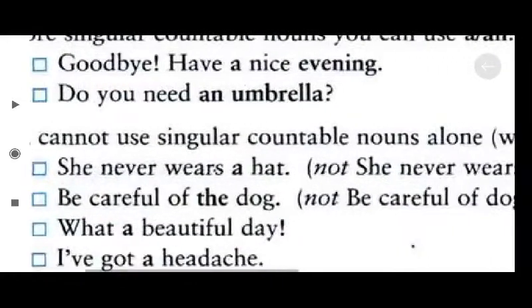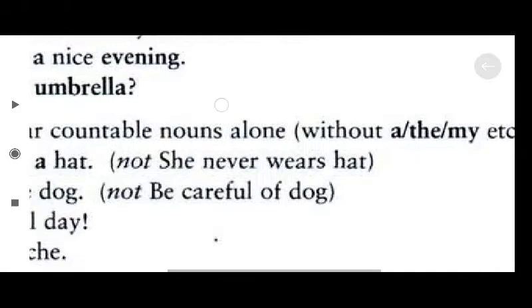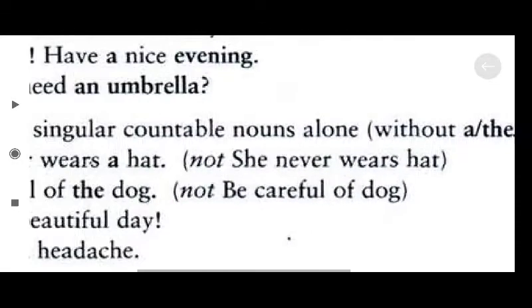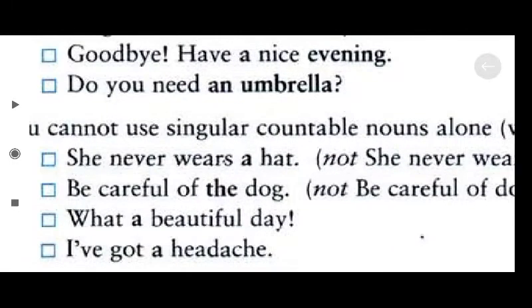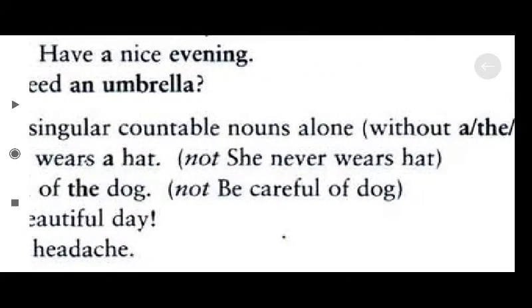You can't use singular nouns alone without a, the, my, etc. She never wears a hat. That's right. But not she never wears hat. So hat must be preceded by a or the.